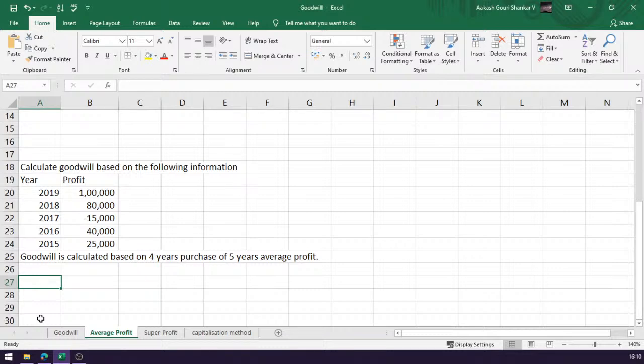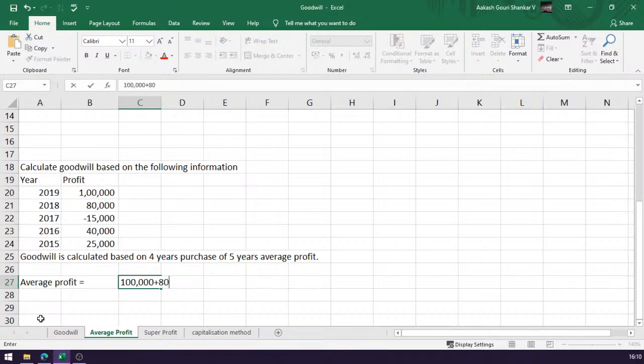The first step is to find the average profit. The average profit is equal to the total of the profit for the 5 years given, divided by 5. So the first step would be 1 lakh plus 80,000.